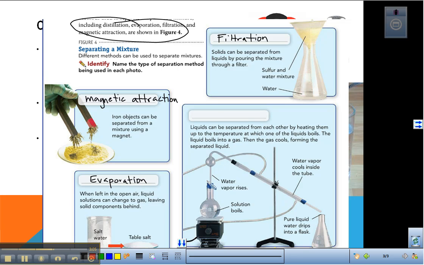And finally, our contraption here, as we boil these liquids, the liquid boils into a gas, the gas cools, so it's going to run up through here, down this tube, and as it cools, it's going to form a separated liquid. This is going to be distillation.